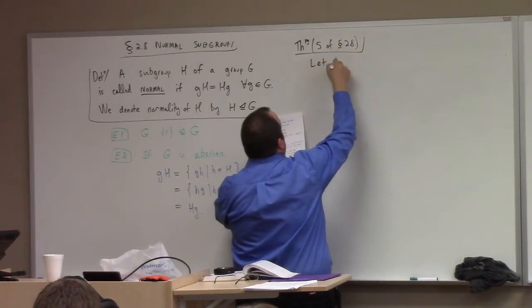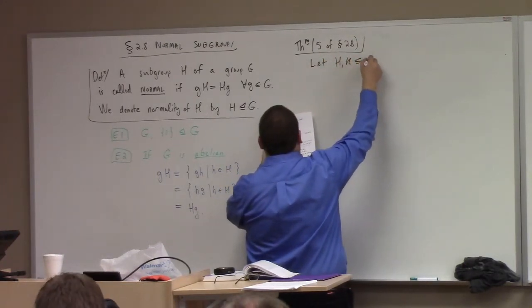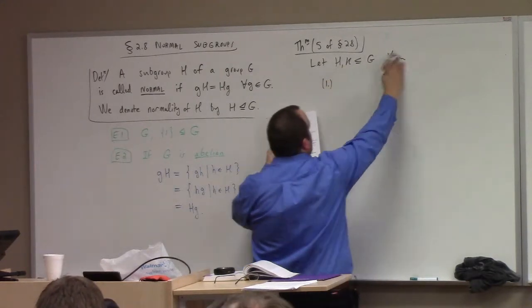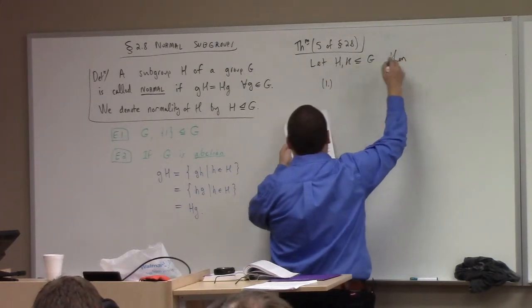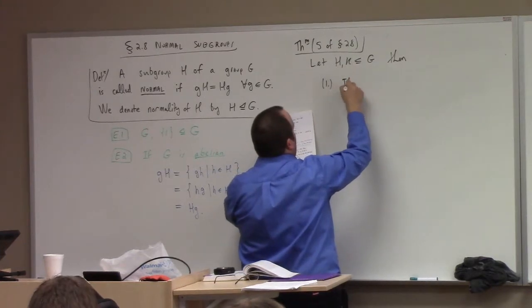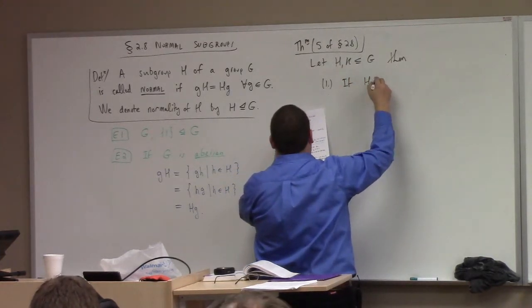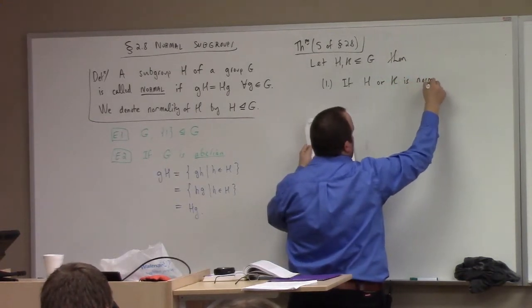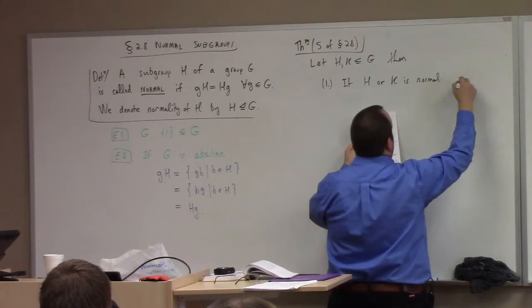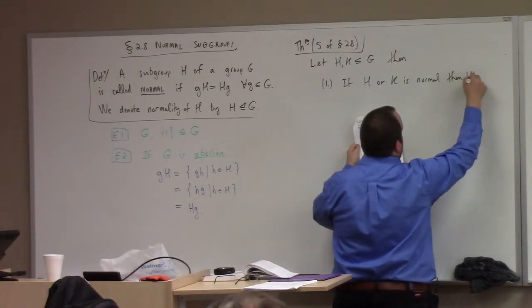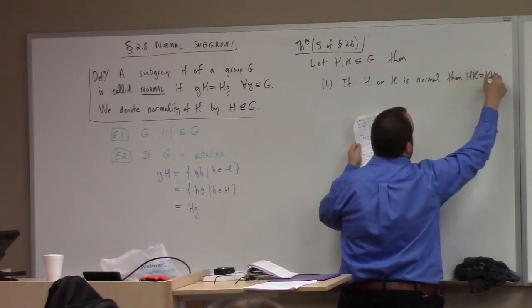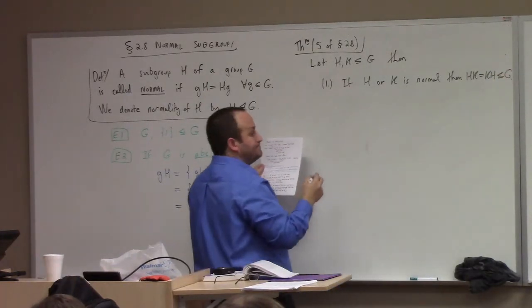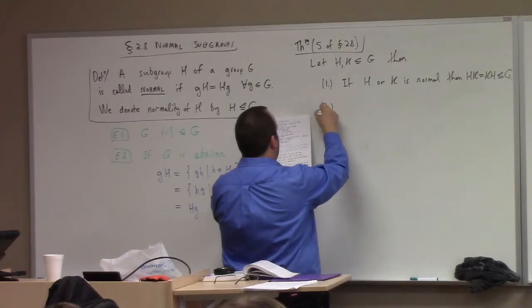Let H and K be subgroups of G, then: 1. If H or K is normal, then HK equals KH is a subgroup of G. All right? 2.